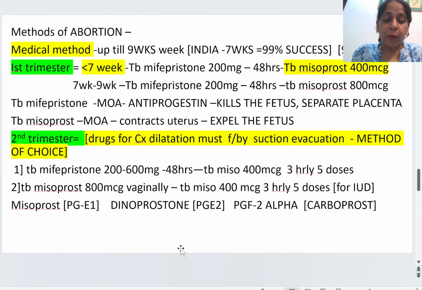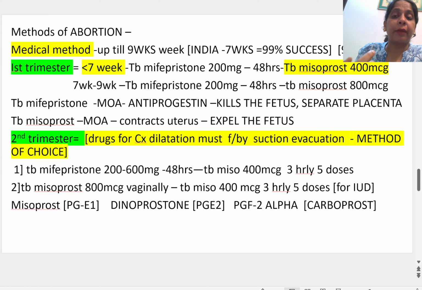So how can we abort the fetus? Up till 9 weeks, we can give some drugs and abort the fetus, but India advocates using this drug only up till 7 weeks. In the first trimester, up till 9 weeks, tablet mifepristone 200 mg is given, and after 48 hours misoprostol is given.